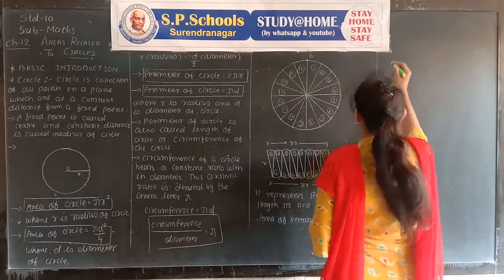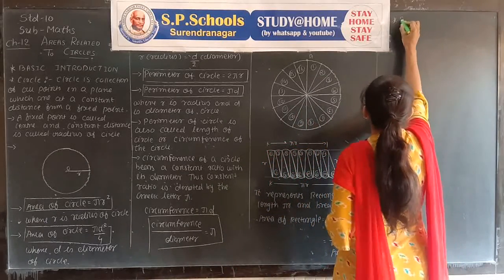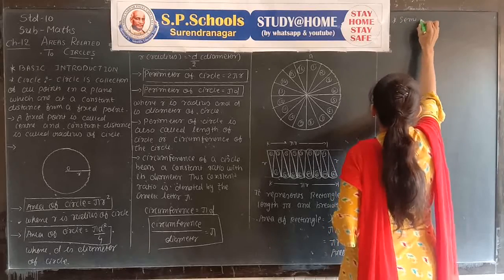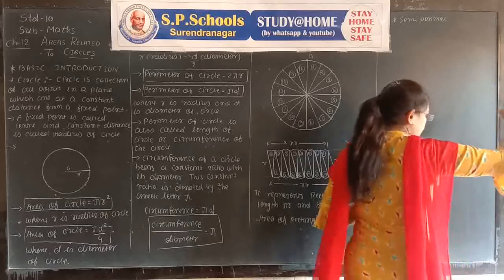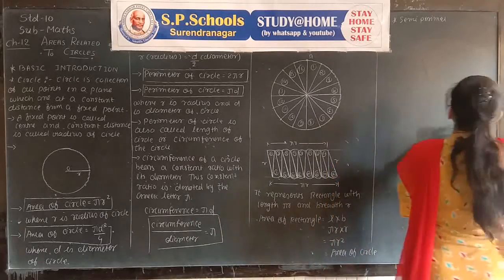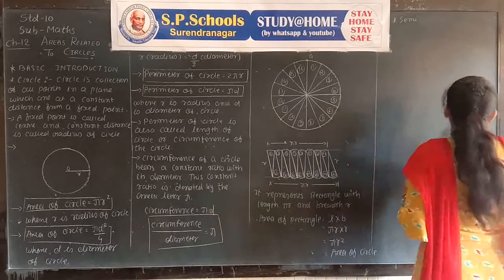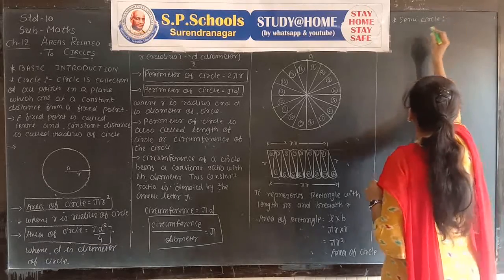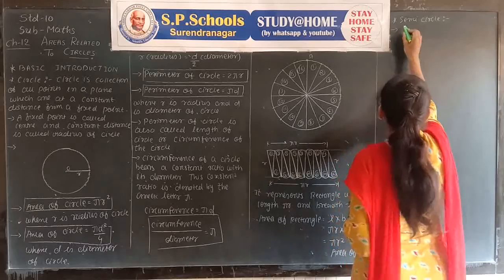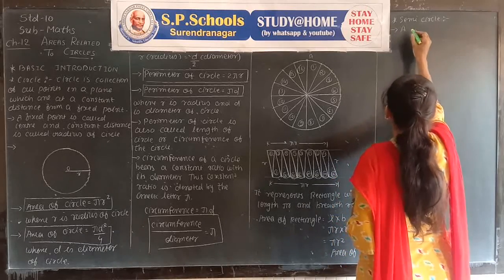Now the second thing is the semicircle. What is a semicircle? It is a half circle.